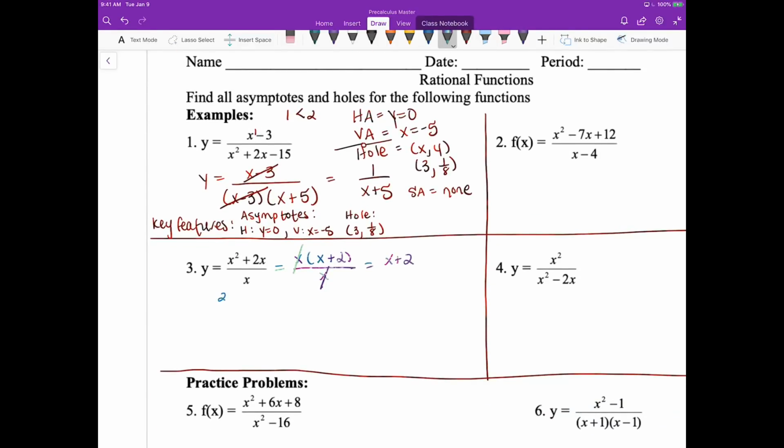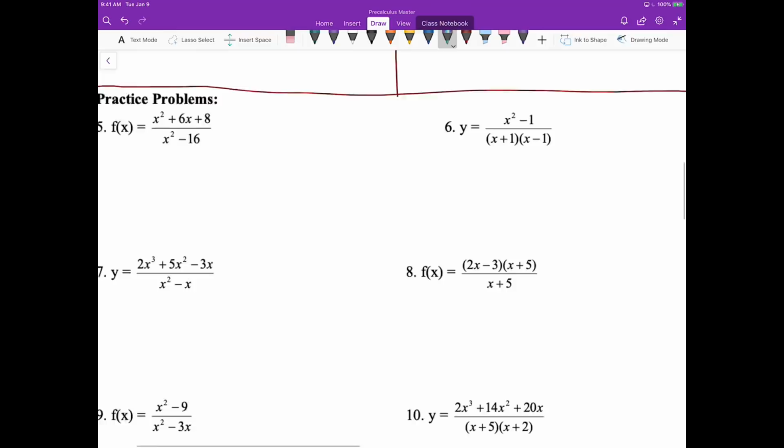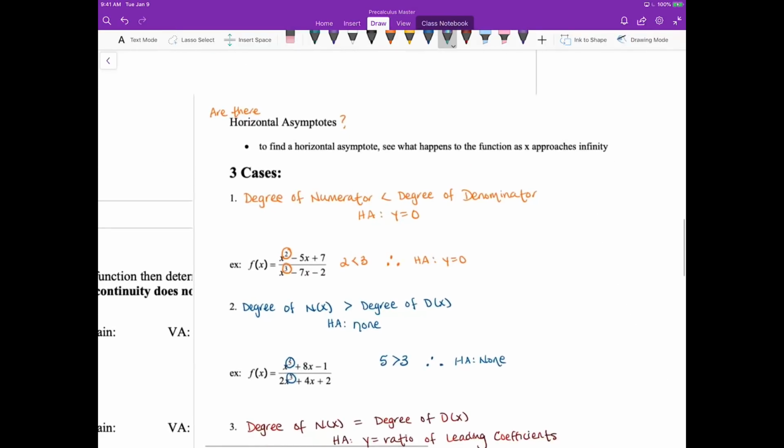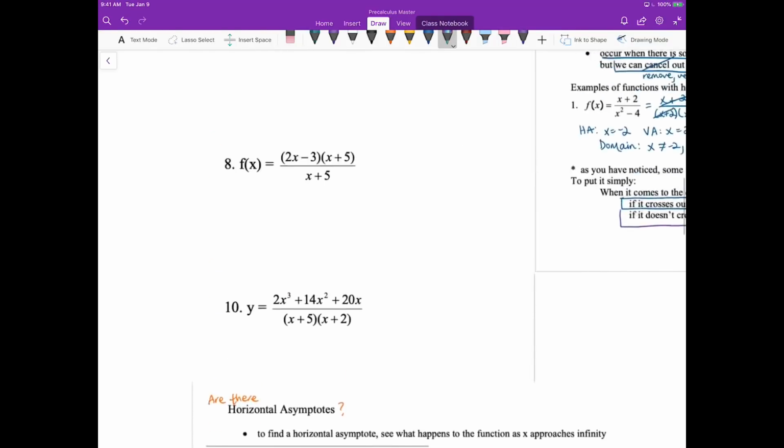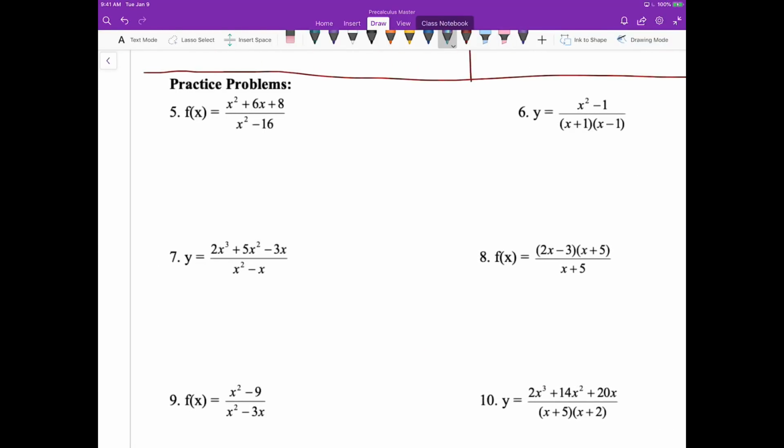I saw that 2 on top was the degree, 1 is the degree in the denominator, and 2 is greater than 1. And that told me from my notes from before that if the degree in the numerator is greater than the degree in the denominator, then we don't have a horizontal asymptote.